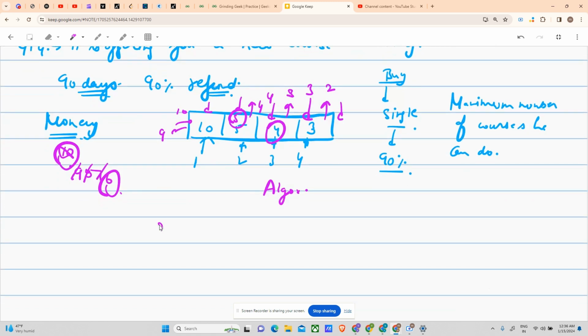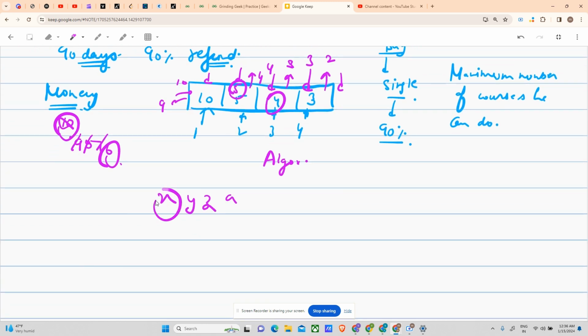Suppose the array looks something like X, Y, Z, A. Suppose the conditions for X, Y, Z change, something like you buy a course for X, get refunded some say B, and then you're not able to buy Y, Z, or A. It might be the case because you are depending on the future income, how much money is getting cut from you.